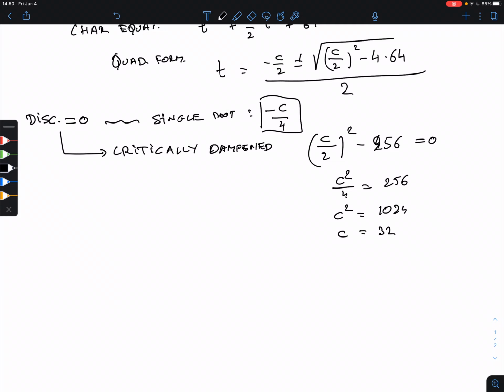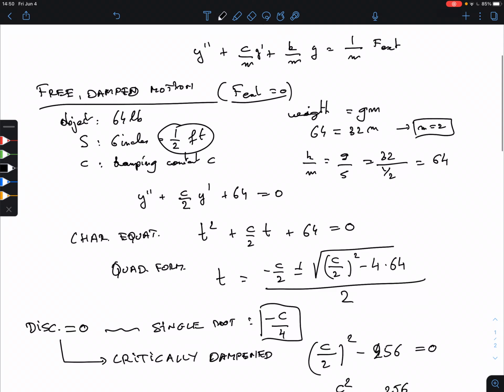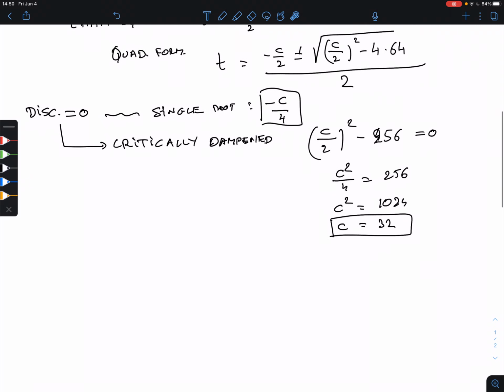Okay? Yes, c is 32. So critically damped in this particular case, you remember I didn't say what c was, right? The damping constant. We took it general. So in this setup, you would have critical damping exactly when c is 32. Okay, that's what this means.